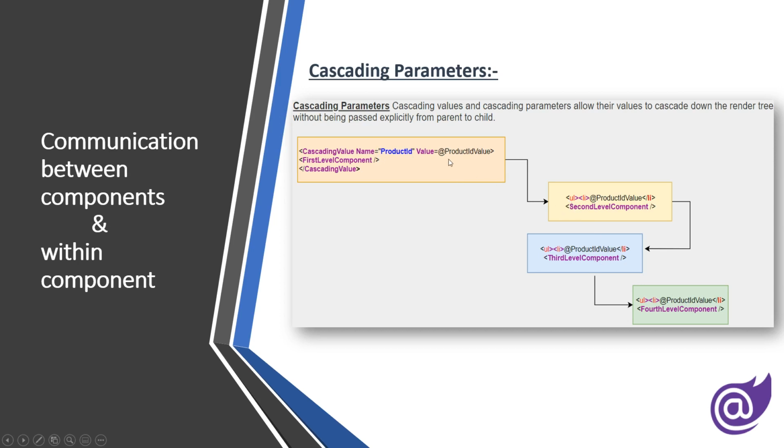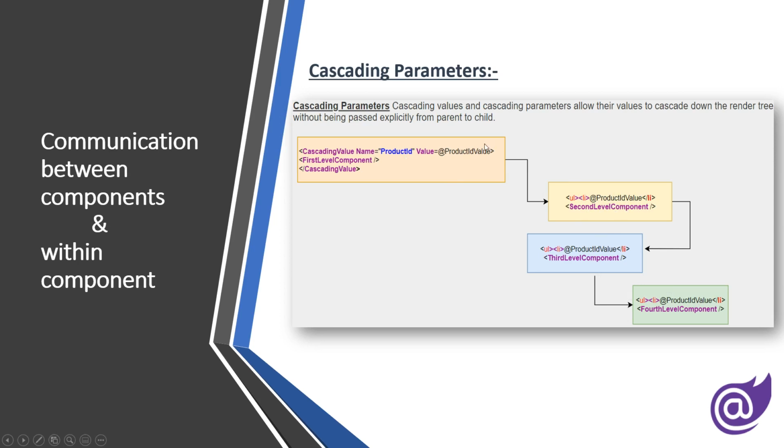If you pass the product ID as a cascade value, all the child components get it, and there is no need to pass the values explicitly. This is very useful. Suppose we change one value at the parent level, all the data in the child components will be changed because of this value change, so the other components get modified as well.